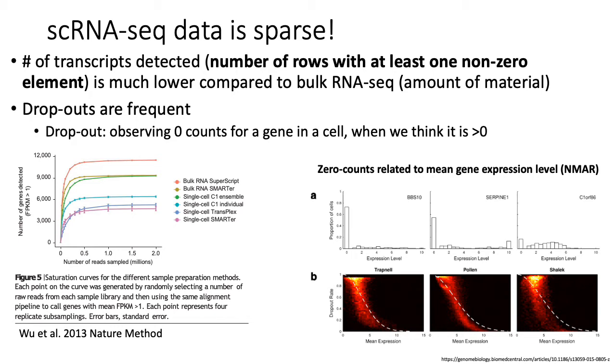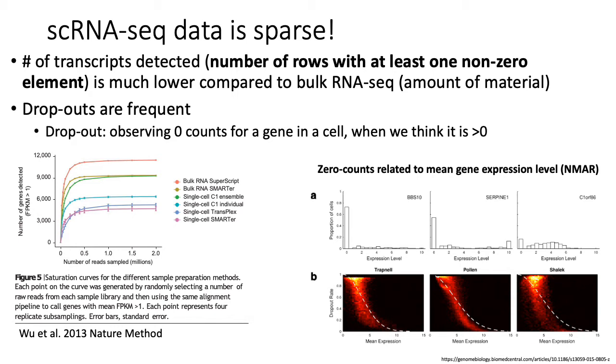The figure on the right, labeled zero counts related to mean gene expression level, is meant to illustrate what dropout looks like at the expression level for individual genes. It illustrates the fact that this zero inflation, or this feature that some genes are just never detected in some cells, actually varies depending on the mean expression level of that gene.